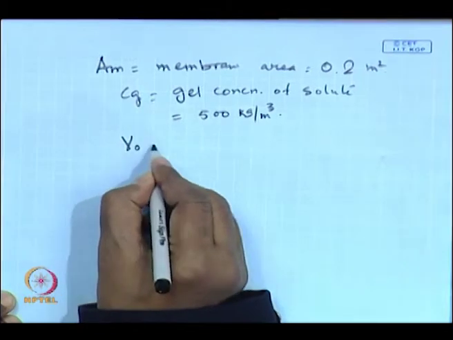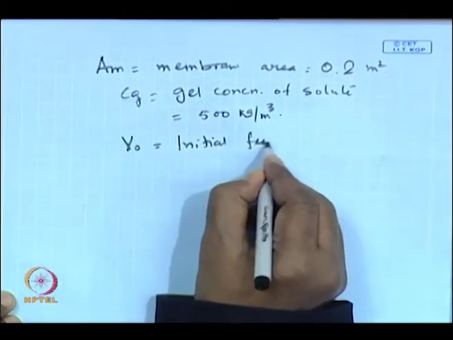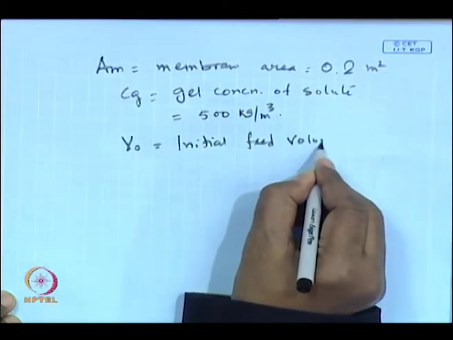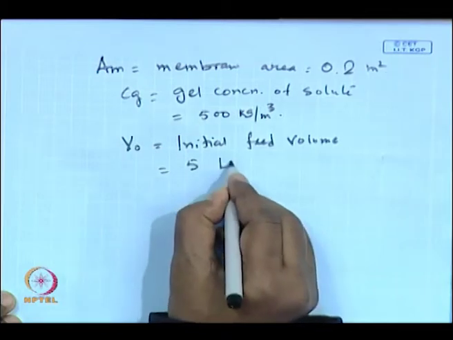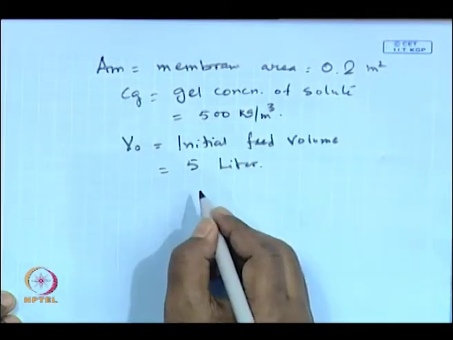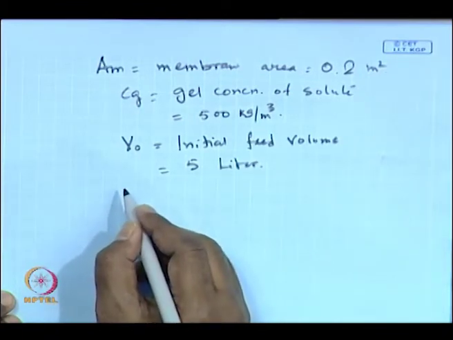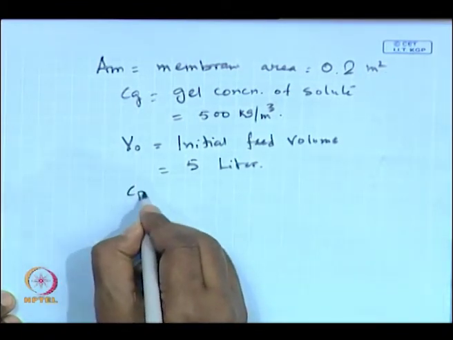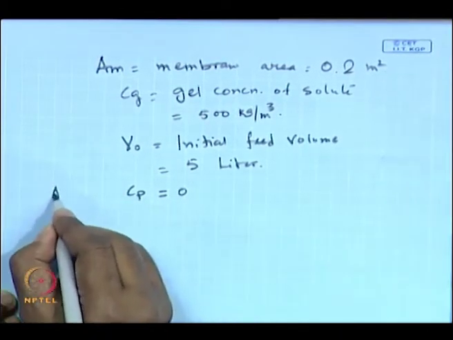Initial feed volume is given as 5 liters. Okay. Assuming there is no solute present in the permeate stream, because it is gel layer control filtration, Cp is equal to 0.